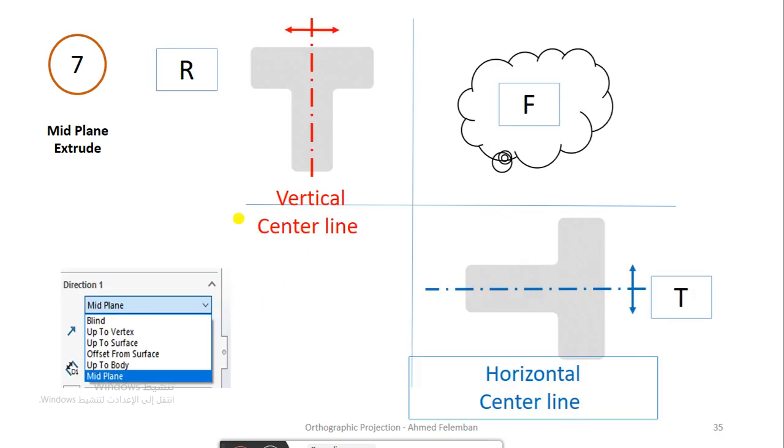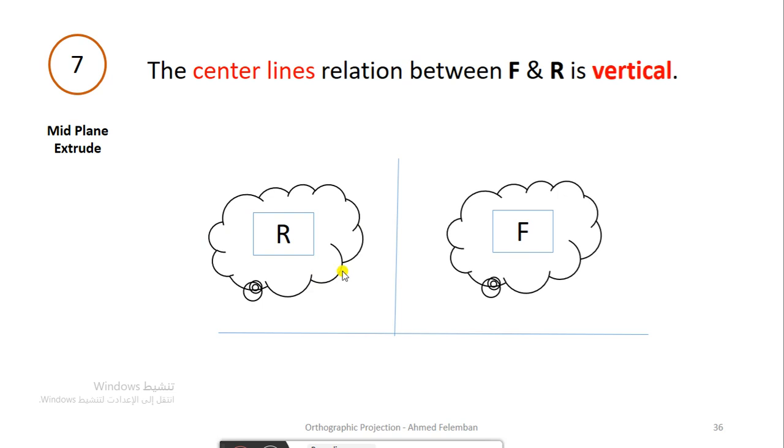And this slide has the same meaning. If you have front and right, the imaginary center line has to be vertical. Suppose you draw the right and you want to make the extrude for the right.